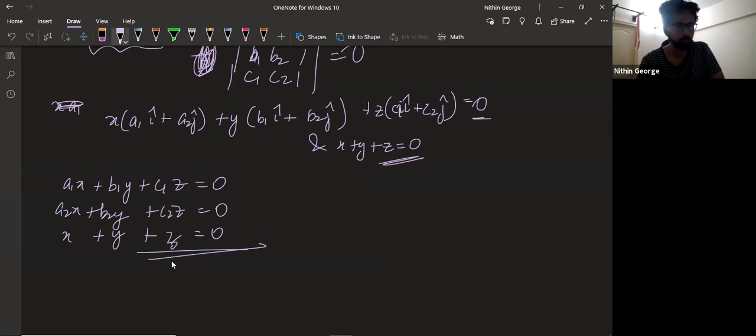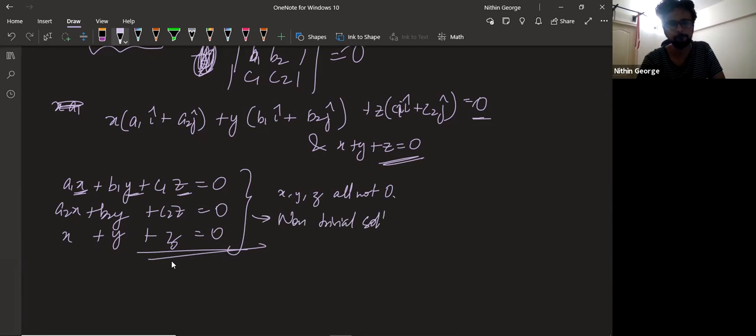So these are equations in x, y, and z, and you need to find the solution. x, y, z all are not 0, and we're looking for non-trivial solutions.